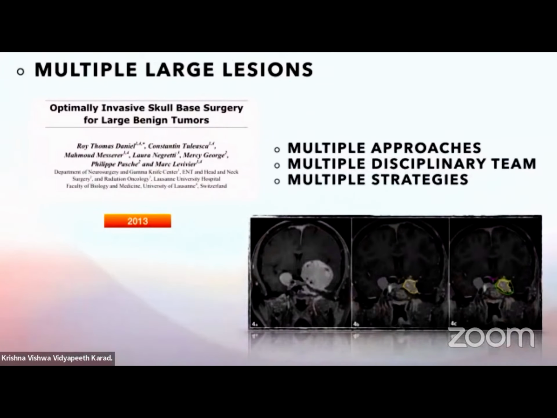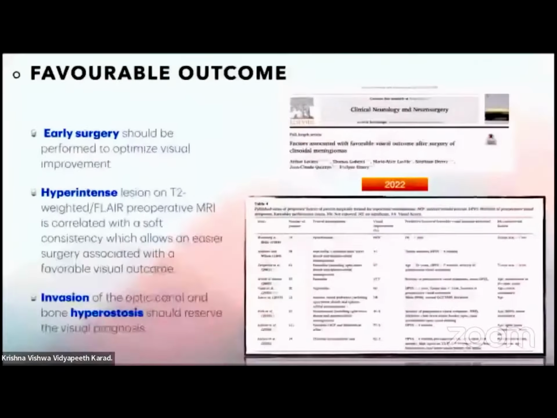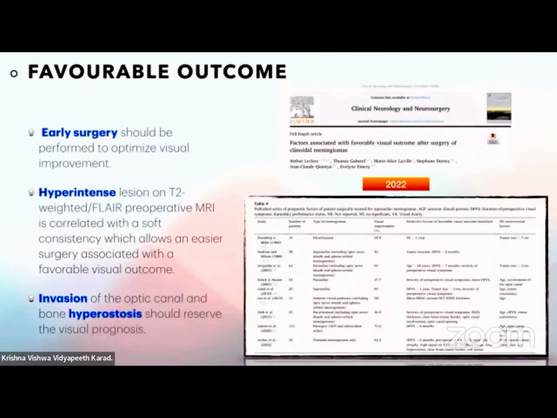Multiple lesions need multidisciplinary team evaluation and intervention, multiple-stage surgery, and may be in need of radiosurgery too. The favorable outcome increases with early surgical intervention, hyperintense lesion on T2, and invasion of the optic canal.